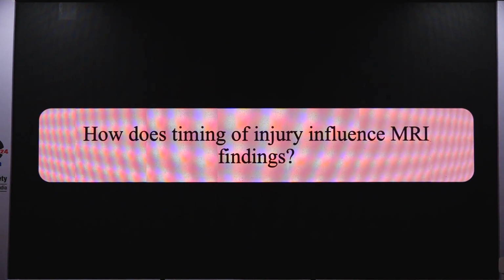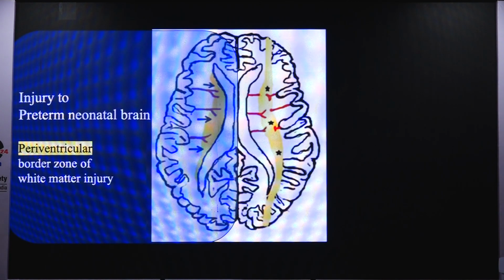So how does time of injury influence MRI finding? In preterm neonatal brain, the injury is mainly periventricular because the blood supply is from periphery to center. It's a border zone, and this is the area which gets affected if there is a compromise in the blood supply.